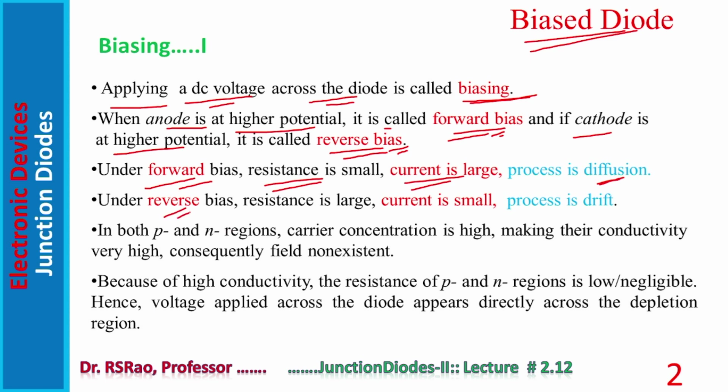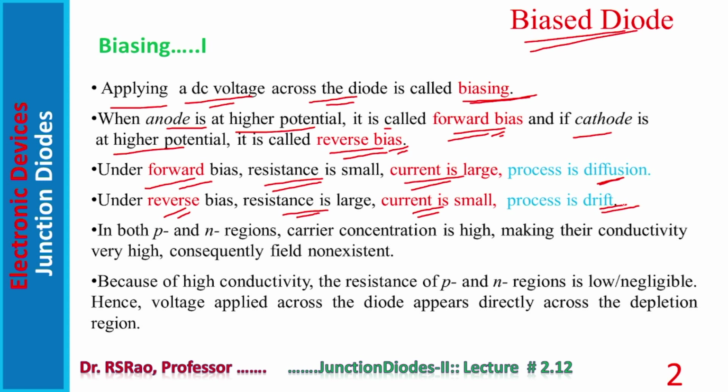Under reverse bias, the diode's resistance is large, consequently current becomes small, and the phenomenon associated with the current flow is drift. We know in semiconductors there are two phenomena which can cause current flow.